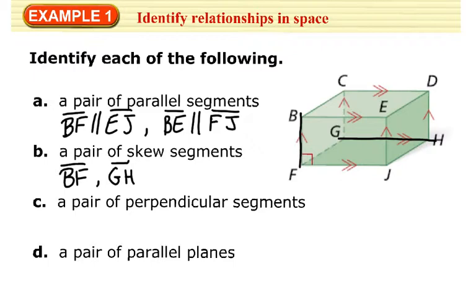Alright, let's look at a pair of perpendicular segments. Well, I only see one right angle symbol on this figure, so that's the only one we can actually assume: these two lines are intersecting at a right angle or 90 degrees.